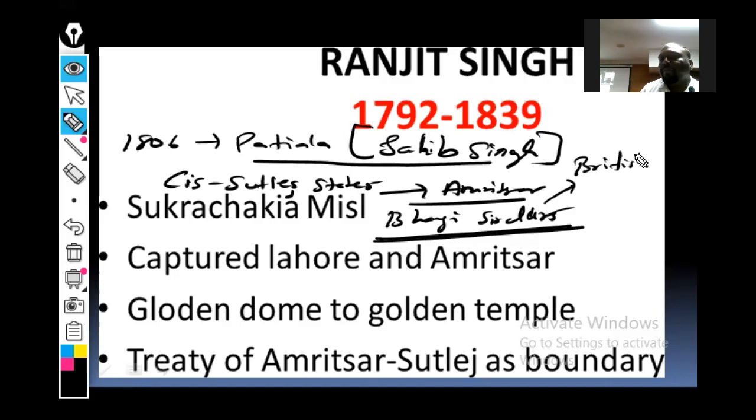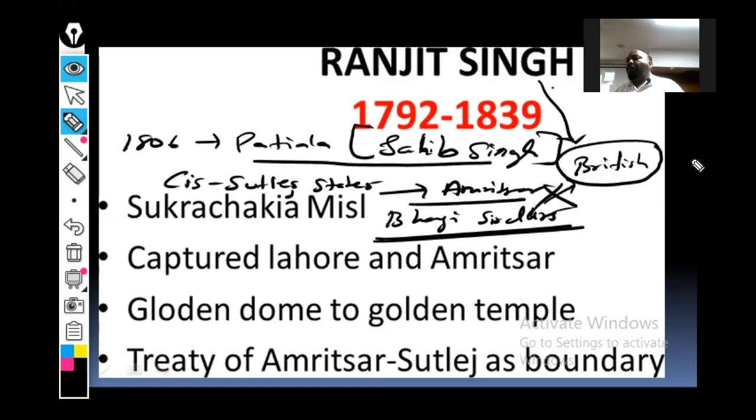Did the British help them? Before the British could help them, Ranjit Singh plays what? Politics, diplomacy. He breaks that. So now the Bangi Sirdars are not getting direct support. The British were also eyeing the Punjab Lahore province. So what happened?